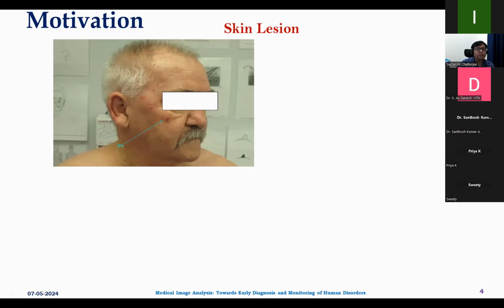And what is the purpose? The purpose is to identify whether there is any abnormality in that particular lesion or not. If there is any abnormality, we need to go for different medications, right?